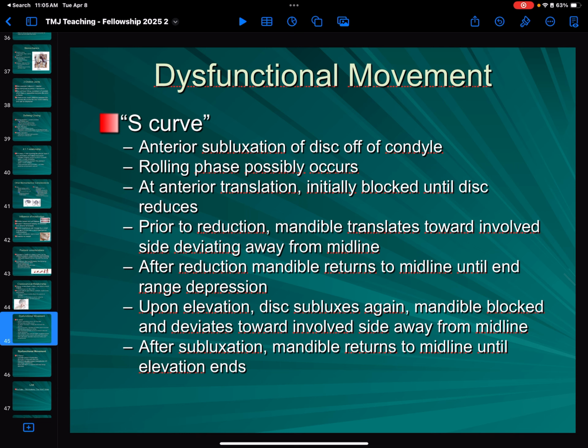So it deviates towards the involved side to the end range, but then it deviates back at the end of elevation. And so, thinking about mechanics, what's happening is it's getting out of the way, and then once it slides back in, you may see that as they close, the same thing, that deviation happening again. So common things that you'll see.